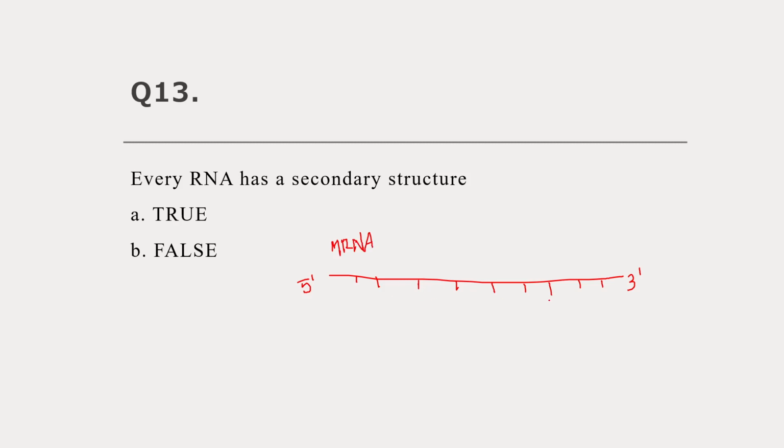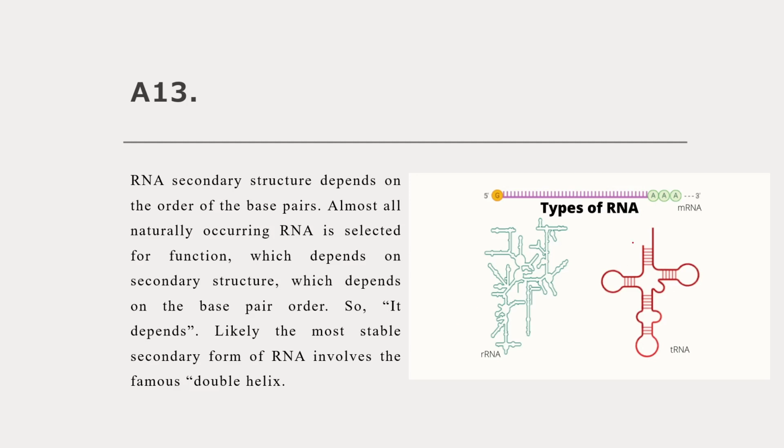So this mRNA, if it remains like this, then only the translation process can happen, right or not? If it remains in a single straight line, then only the translation process will happen, where these codes will be read by the anticodon of the tRNA molecule, right? Here this is the anticodon part of tRNA.